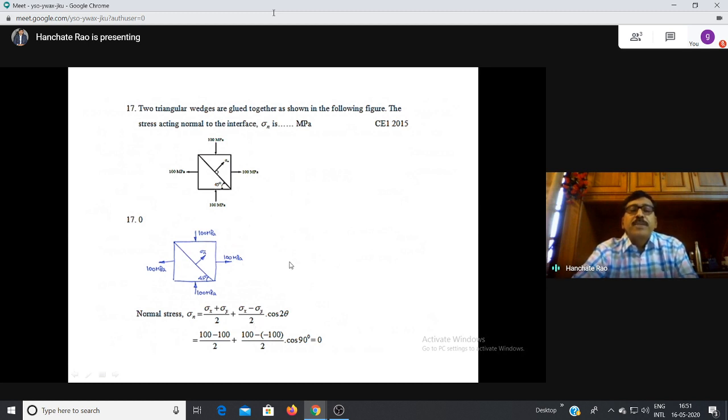Or otherwise sigma n is equal to sigma x cos square theta plus sigma y sin square theta. Any one formula you can use. So here sigma x is equal to 100, sigma y is equal to minus 100, you have to substitute. So if you substitute, you are getting 0. Answer is 0. Okay, simple. Just use the concept, that's all.